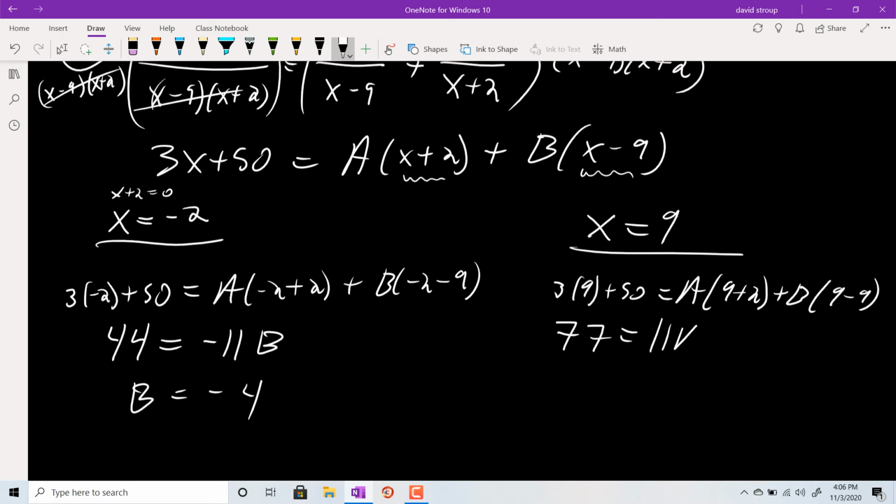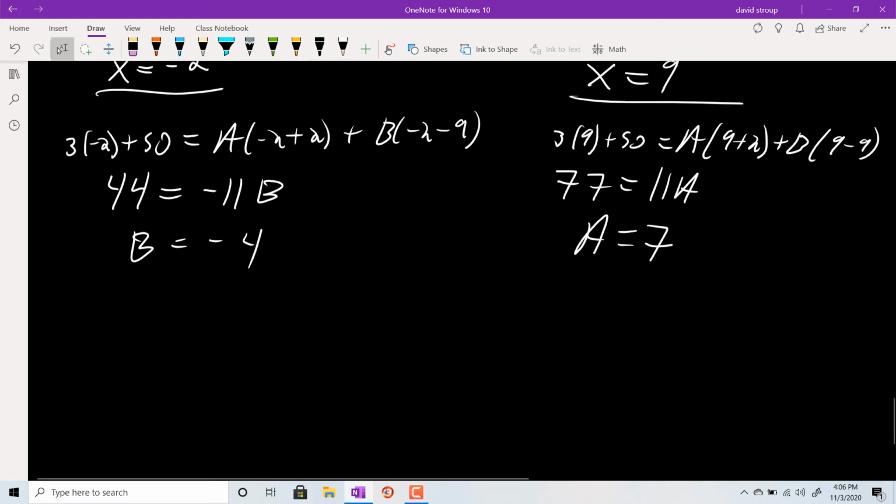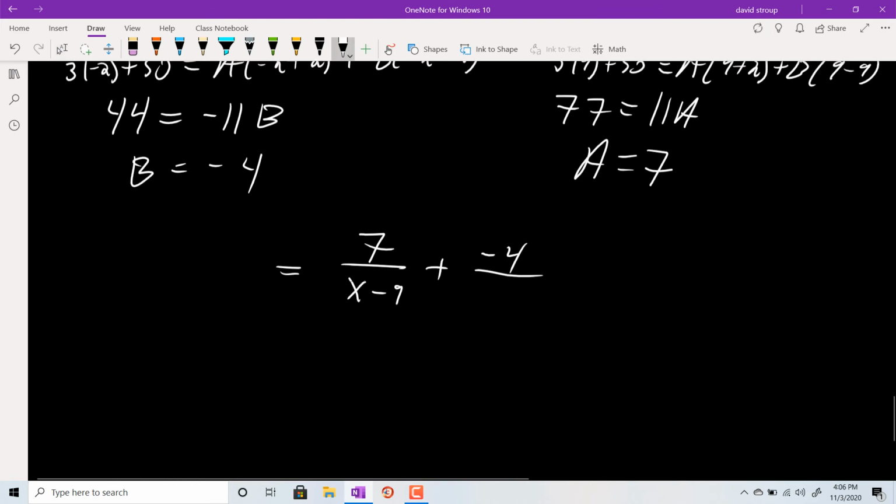That'll equal 11 a's. Divide both sides by 11. And you get a is 7. So at the end, our partial fraction decomposition will be 7 all over x minus 9, plus negative 4 all over x plus 2.